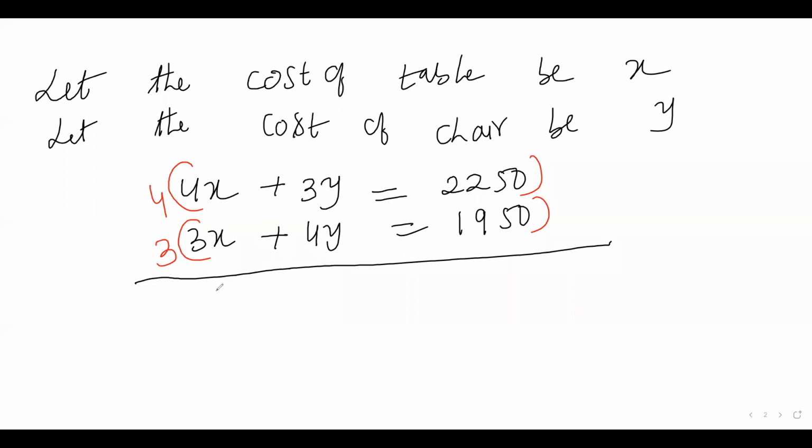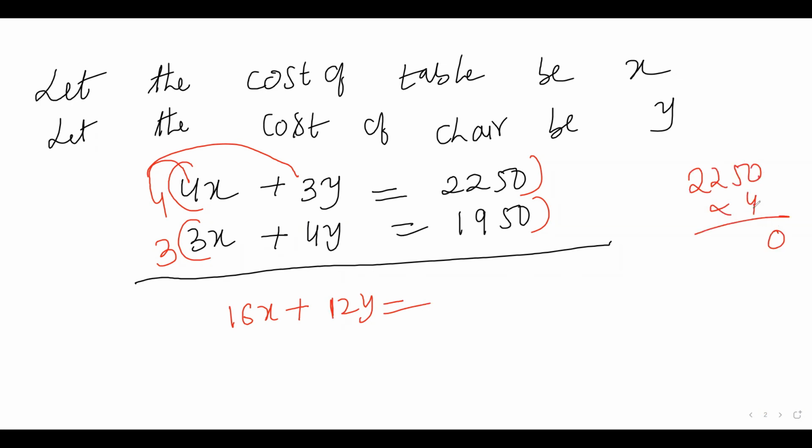On multiplying, I will get 16x plus 4 3s are 12y. 2250 on multiplying with 4: 4 zeros are 0, 4 5s are 20, 4 2s are 8, plus 2 is 10, 4 2s are 8, plus 1 is 9. So 9000.